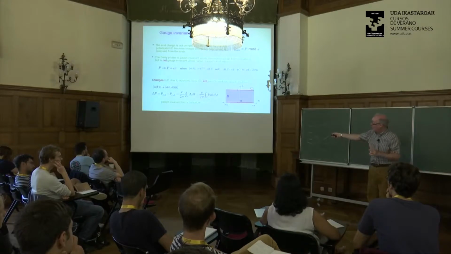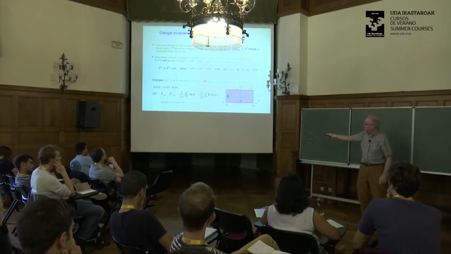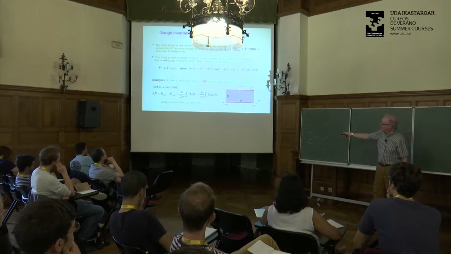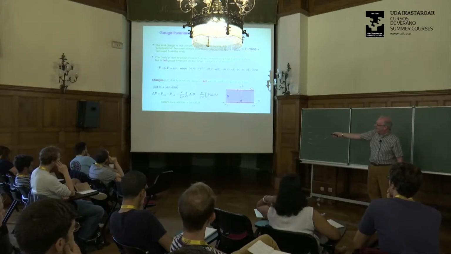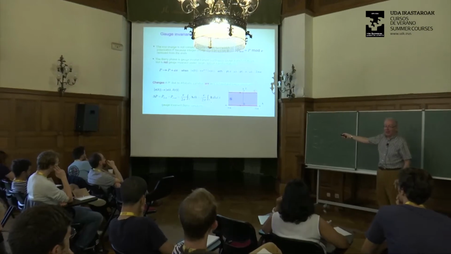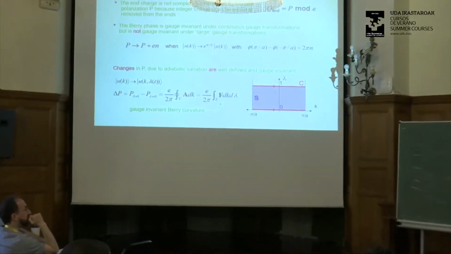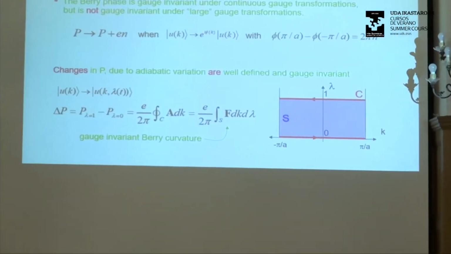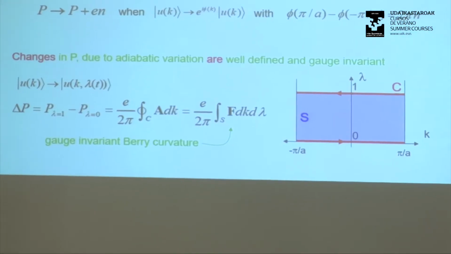And so I can use Stokes' theorem now to write this change in the polarization as the gauge invariant integral of the Berry curvature over this two-dimensional surface. Okay, and so everything is well-defined and gauge invariant. So this is the electric polarization.